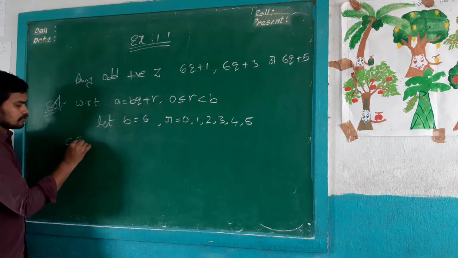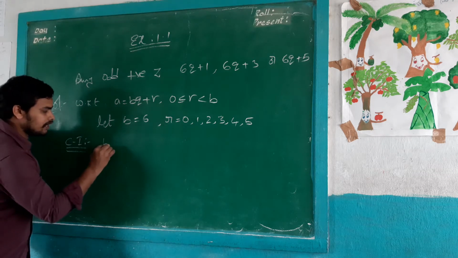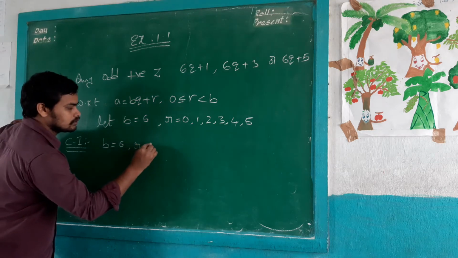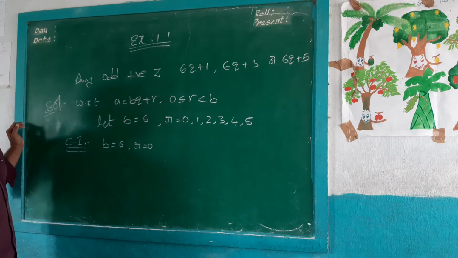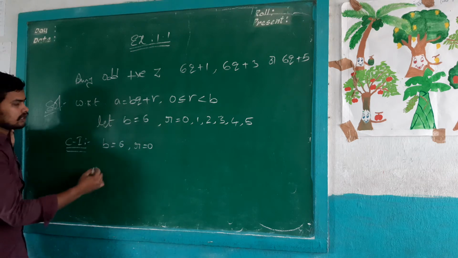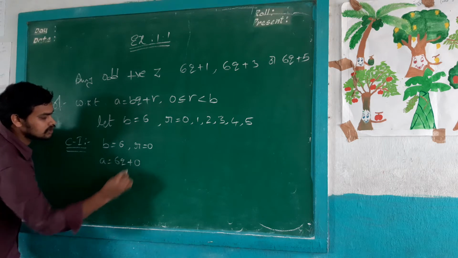Okay, so case 1: B equal to 6, R equal to 0. Substitute these values in that equation. So A equal to 6q plus 0.